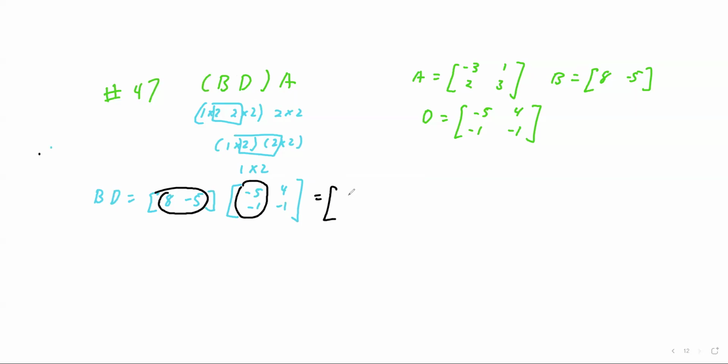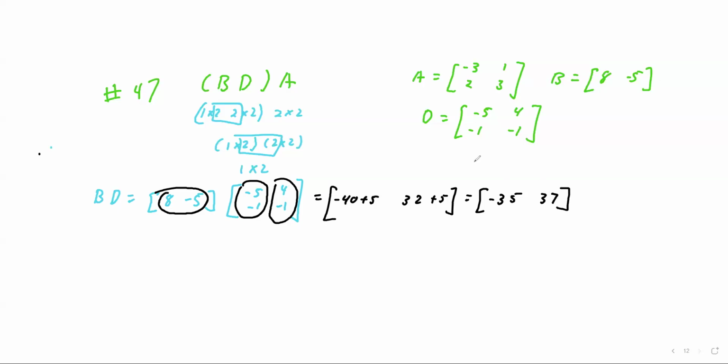So 8 times -5, that's -40. -5 times -1 is a +5. So 1 row, 2 columns. So then first row, second column. So 8 times 4 would give me 32. -5 times -1 gives me a +5. So my outcome here would be a -35 and a 37.